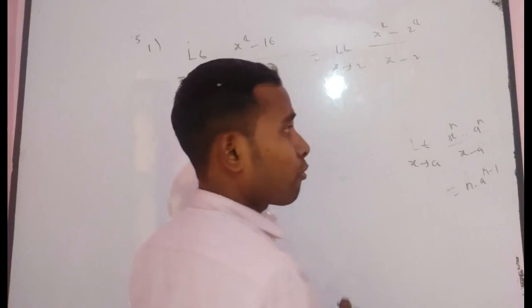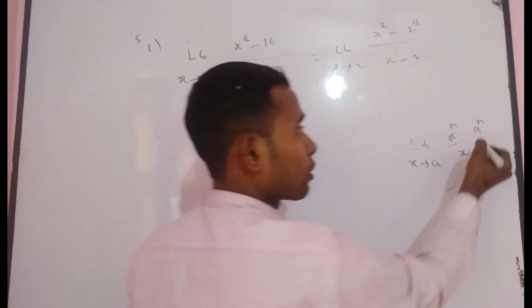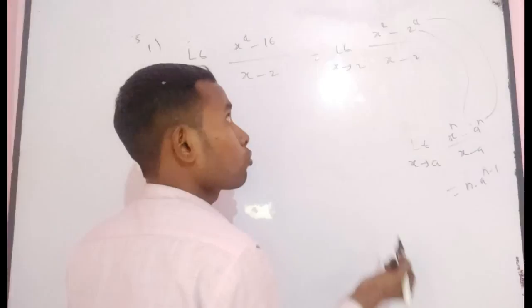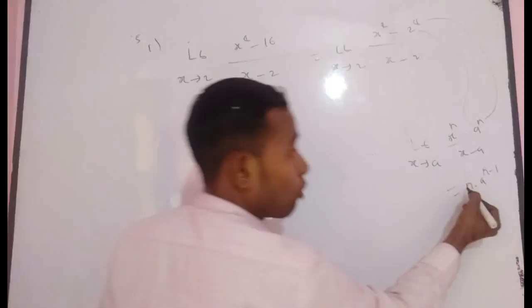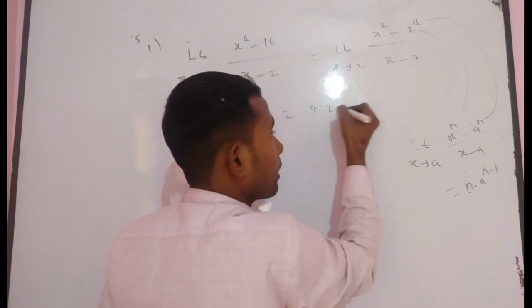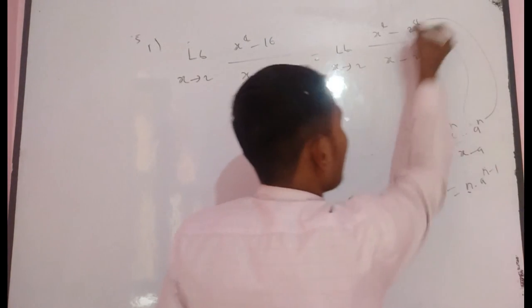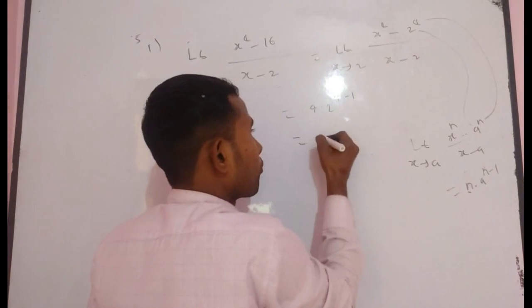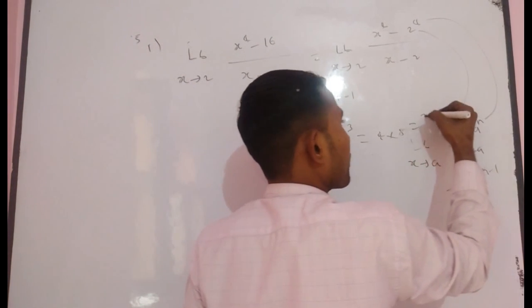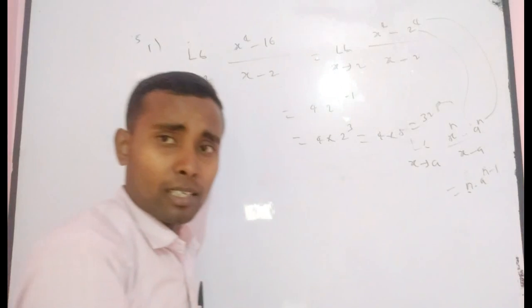Here n is equal to 4 and a is equal to 2. So you can proceed directly. It is equal to n, that means 4, into a, that means 2, to the power n minus 1, that means 4 minus 1, which is 4 into 2 to the power 3, that is 4 into 8, that will be 32, which is your final answer.